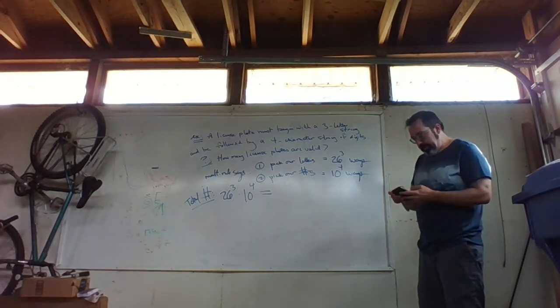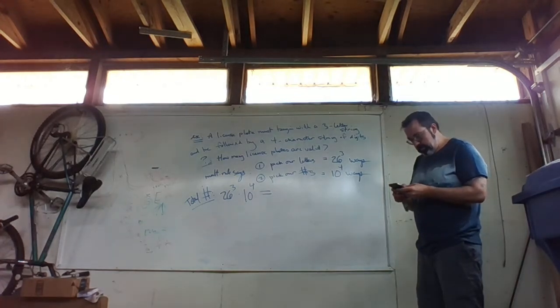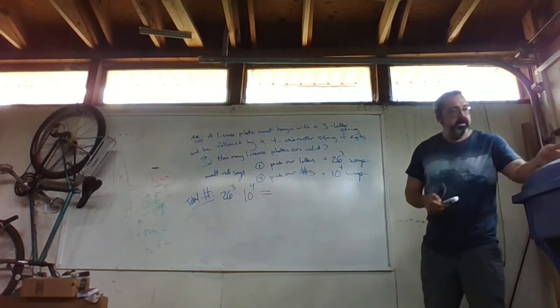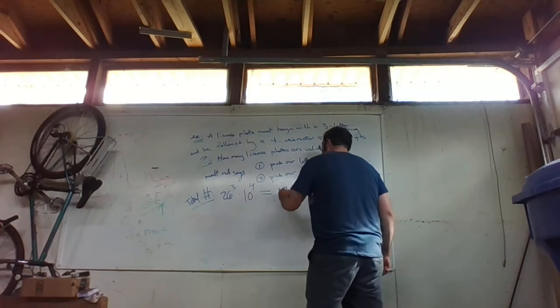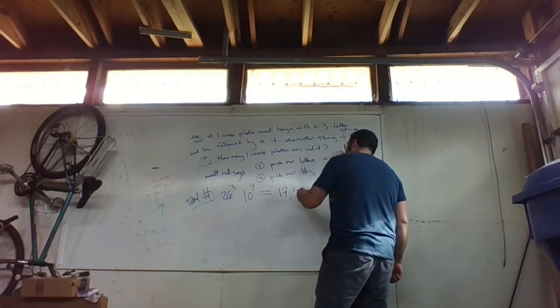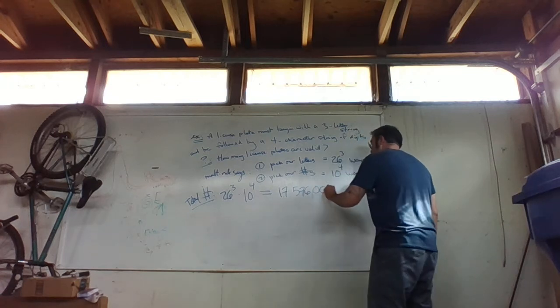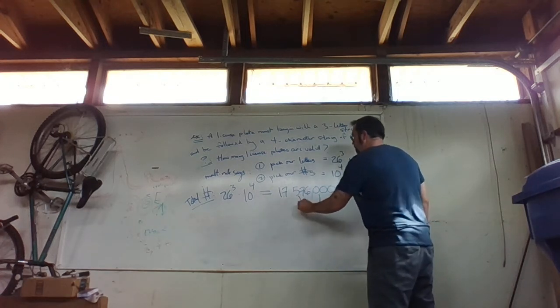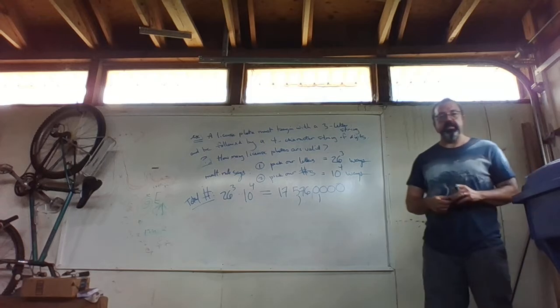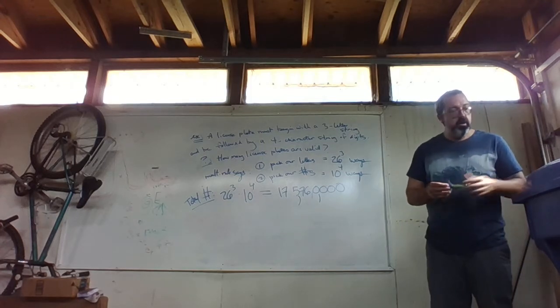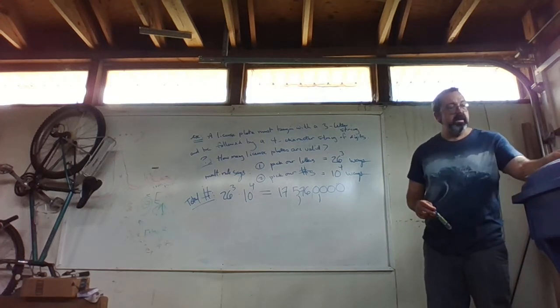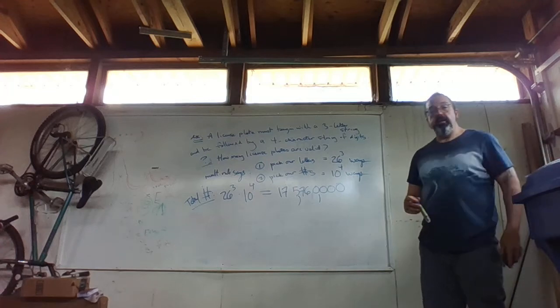Let me figure this out. So this turns out to be 175,760,000 different ways. So if there are no other restrictions on your license plates, that is the number of ways of coming up with a license plate.